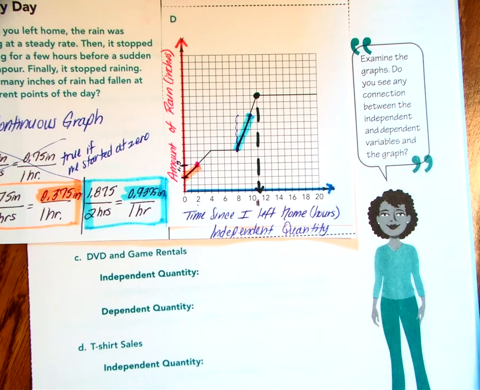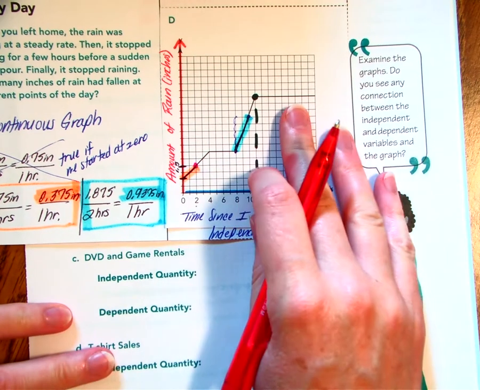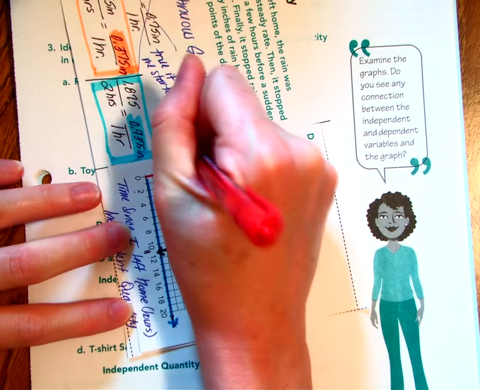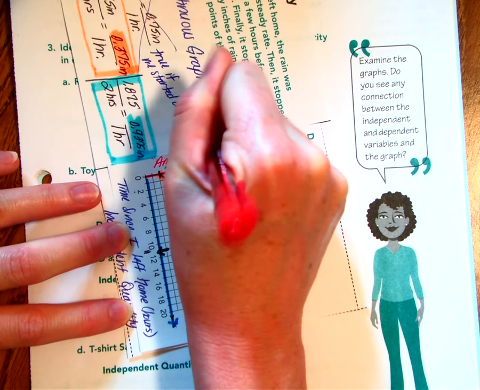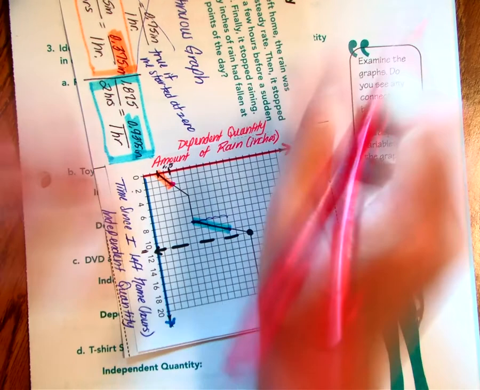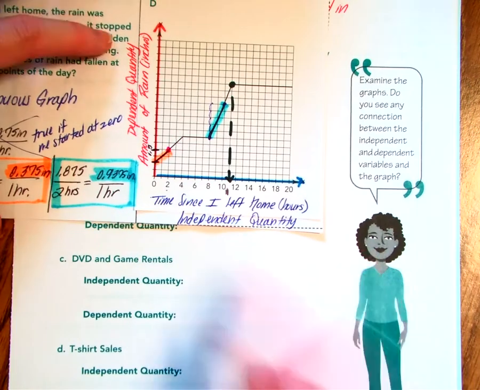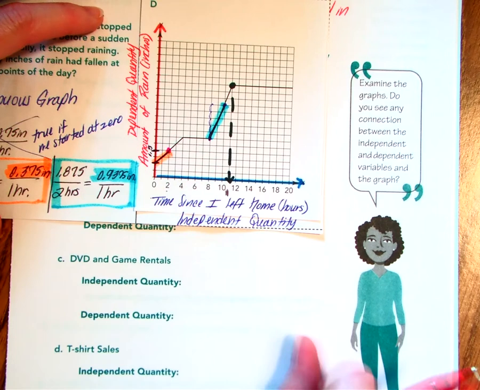And the dependent quantity is the amount of rain. All right, so go ahead and annotate that graph so you have that correct answer. Independent, dependent.